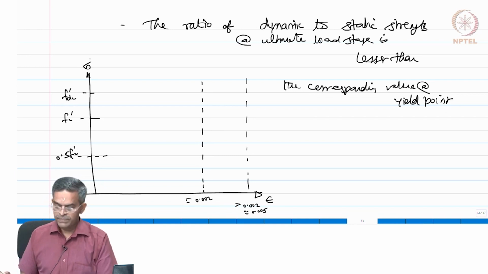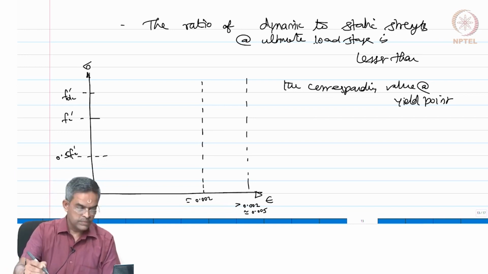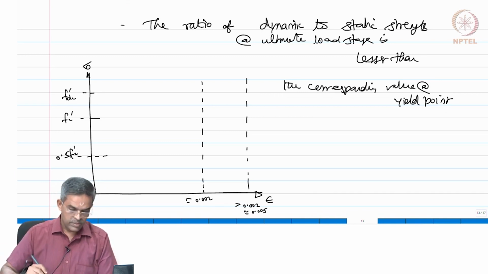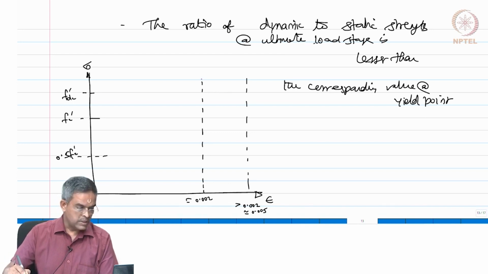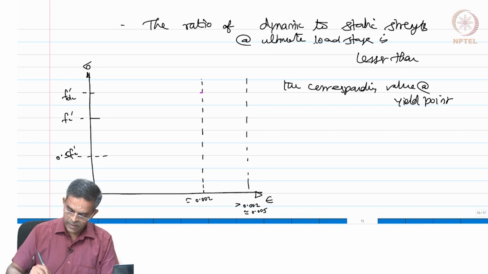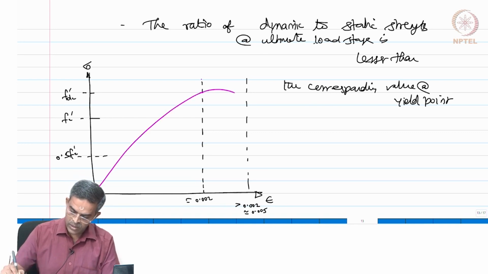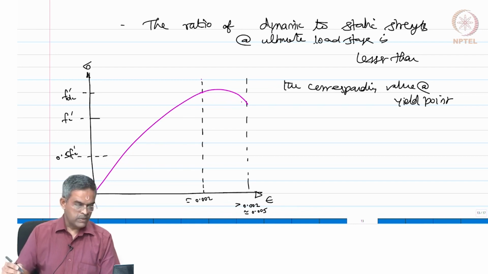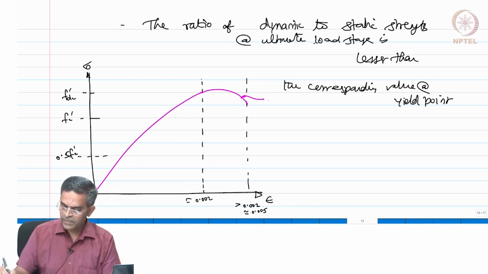Let us draw the curve for rapid strain rate, it looks like this. It takes a slope and goes till here and come back here. So, this is for rapid strain rate.